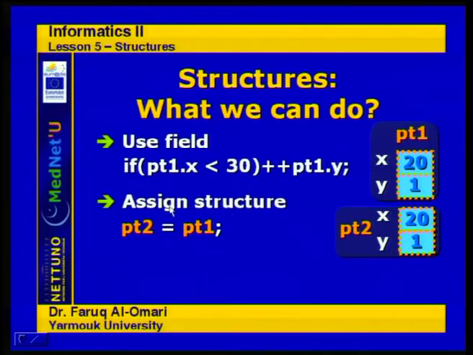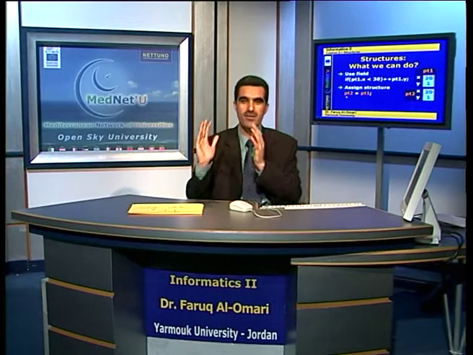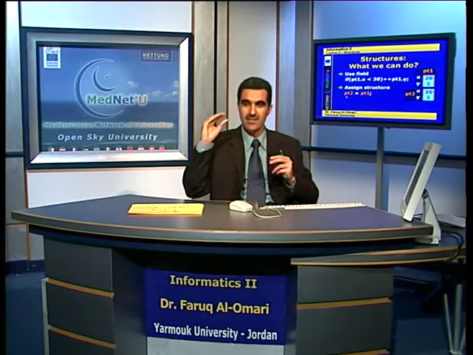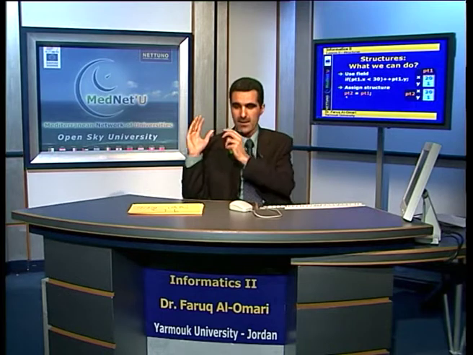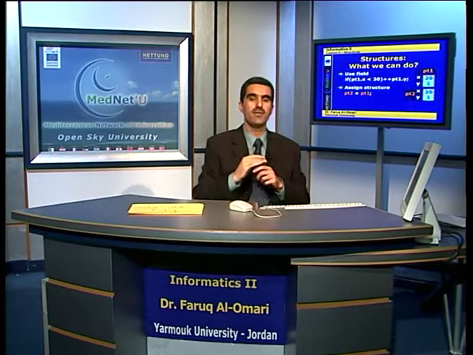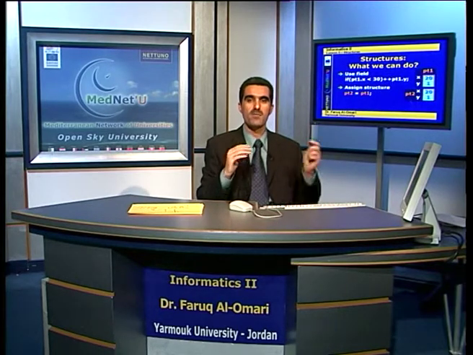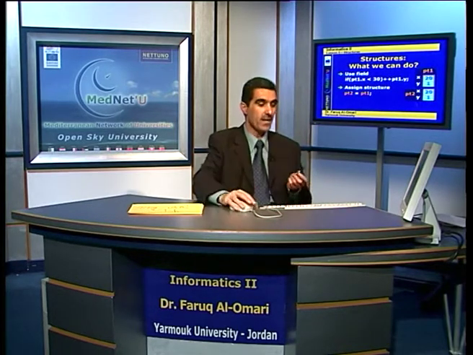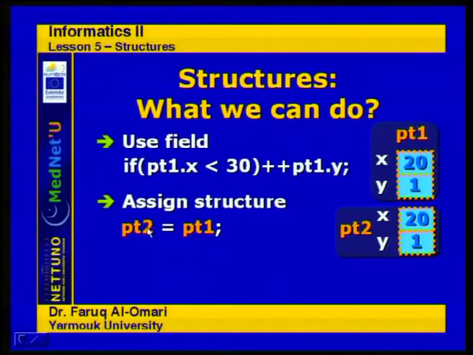I can assign a structure. I can say the whole structure equals another structure, and that means the individual members of the second structure are going to be copied into the counterpart members in the first structure. So when I say something like pt2, which is a structure of type point, equals pt1, all I'm doing is copying the members from pt1 to pt2.